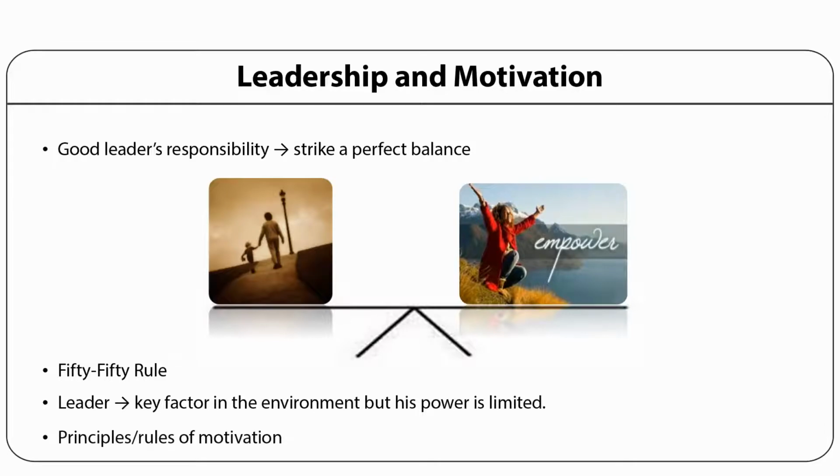The principles or rules of motivation, under eight headings, on what a manager or leader can do to motivate his team are: be motivated yourself, select people who are highly motivated, treat each person as an individual, set realistic and challenging targets, remember that progress motivates, create a motivating environment, provide fair rewards, and give recognition.